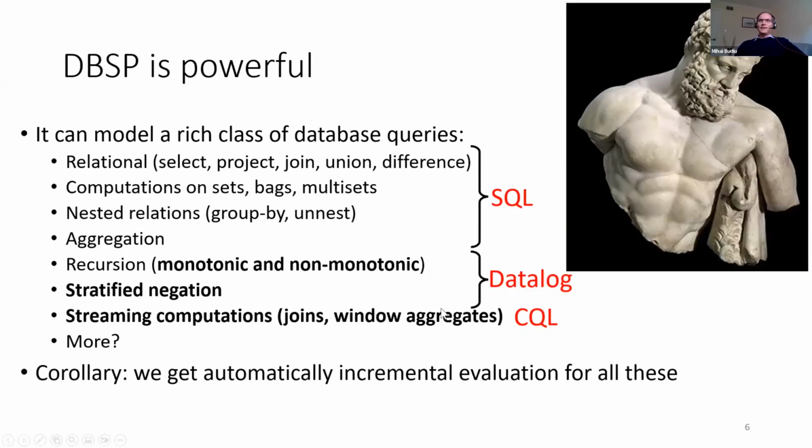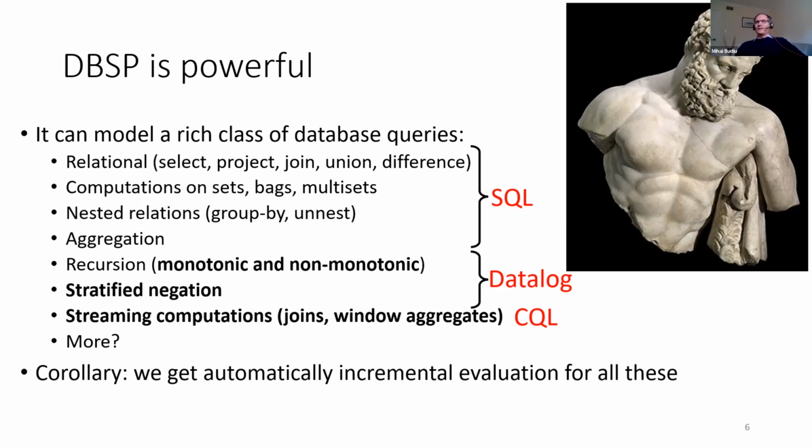So how expressive is DBSP? It's actually really powerful. You can model in DBSP almost anything you can do in a normal database. The relational algebra is included in DBSP, but you can compute on sets, bags, and multisets. We can handle nested relations, not only one level. We can do arbitrarily deeply nested relations. We can do aggregations.